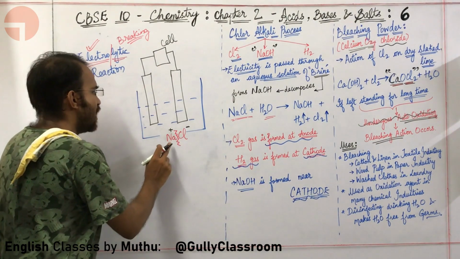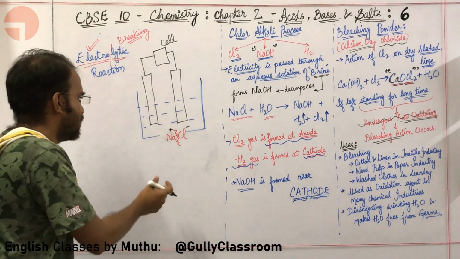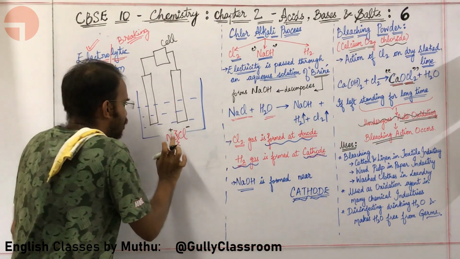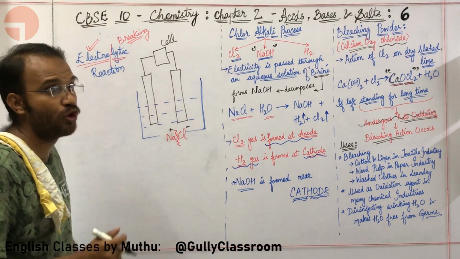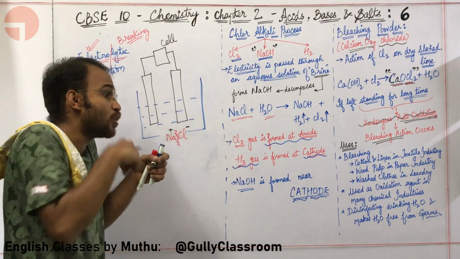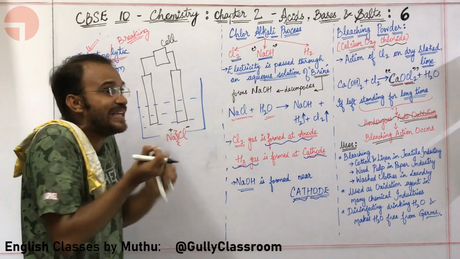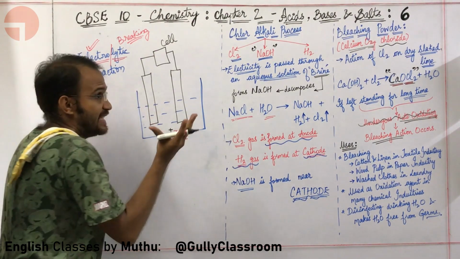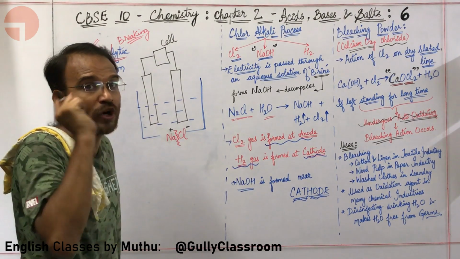How, sir? The atomic number of sodium is 11: 2, 8, 1. It will easily lose one electron to form Na plus. What about chlorine? Atomic number is 17: 2, 8, 7. It will easily gain an electron to form the chloride ion.